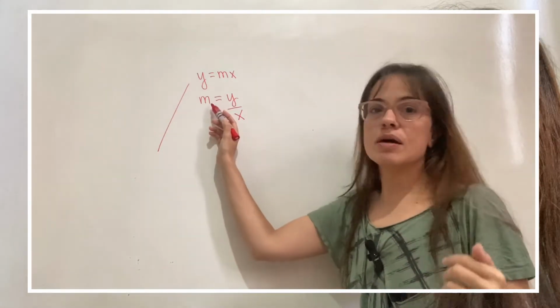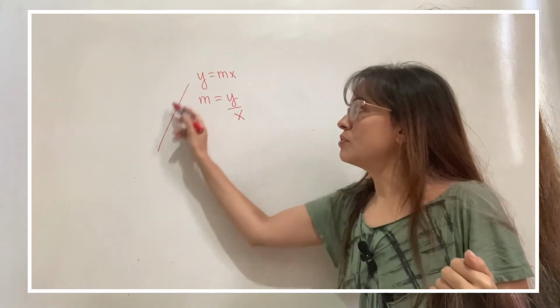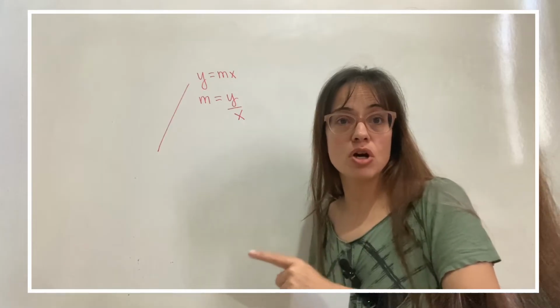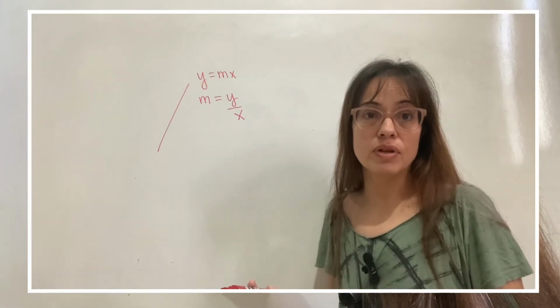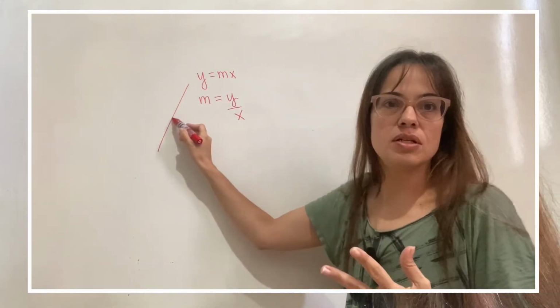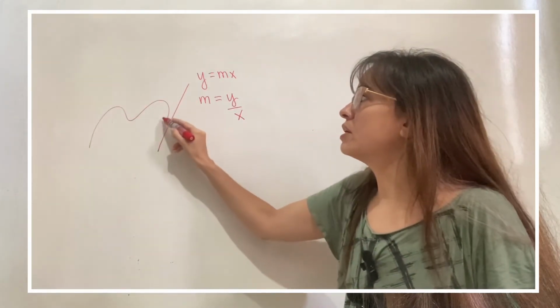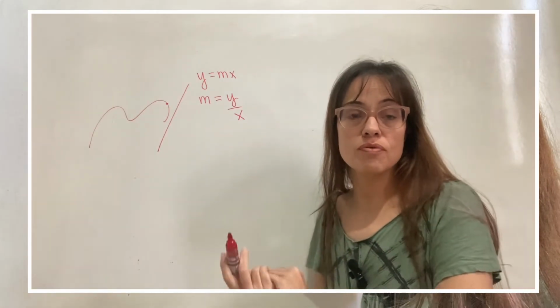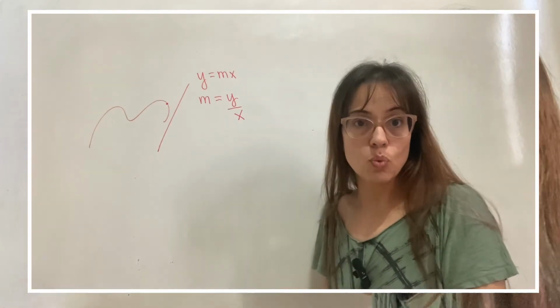And even though m is a constant for this family of lines, it's not necessarily going to be constant for the other family of lines. So slope in a line is just a number, but slope in a curve is something that depends on the coordinates of the point, x and y.